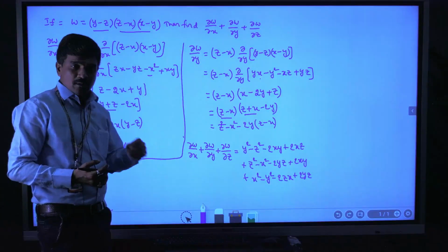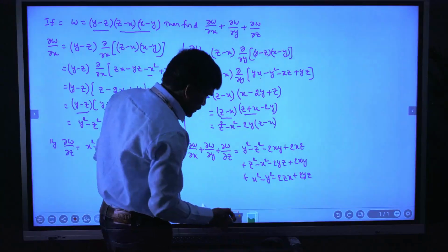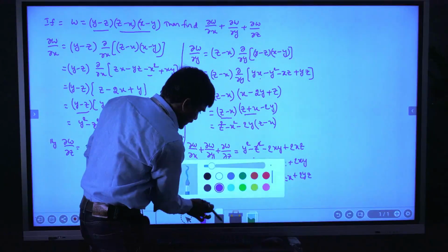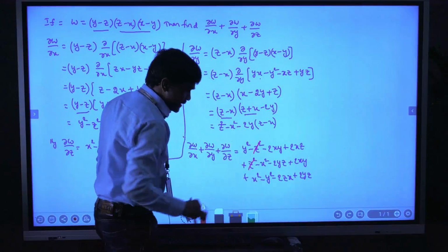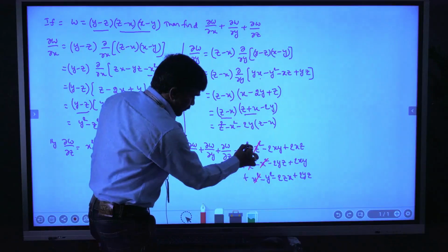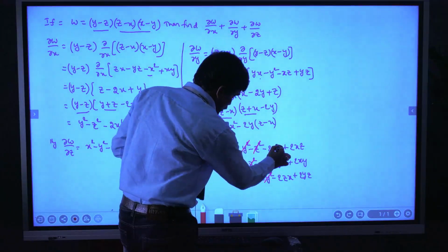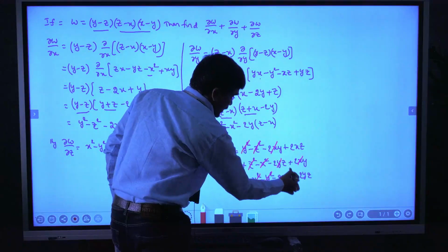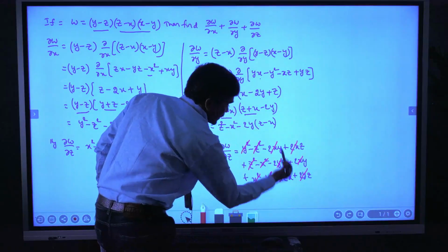Now the sum of dou w by dou x, dou w by dou y, dou w by dou z. Observe here: minus z square plus z square cancelled, minus x square plus x square cancelled, y square minus y square cancelled. Also minus 2xy plus 2xy, minus 2yz plus 2yz, 2xz minus 2xz.